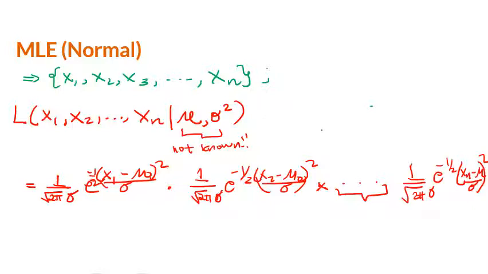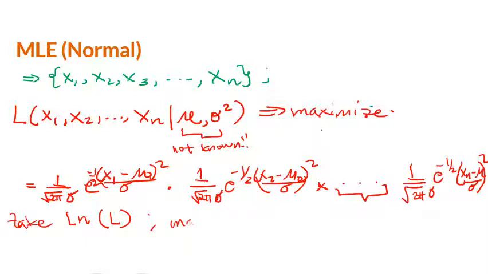Okay, so our next step is we try to maximize our likelihood function. However, one technique of maximizing our likelihood function is by taking the logarithm, ln, of your likelihood function, and then we instead maximize our log likelihood.